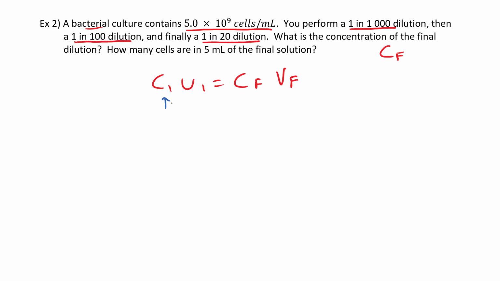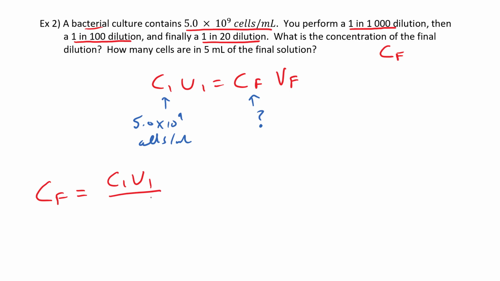I know my initial concentration. I want to know what my final concentration is going to be. Let's rearrange that so that the volumes are separate. Let's now calculate the total dilution.